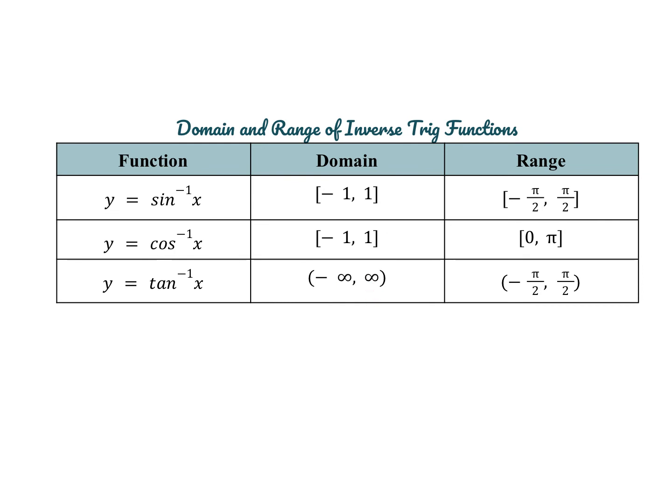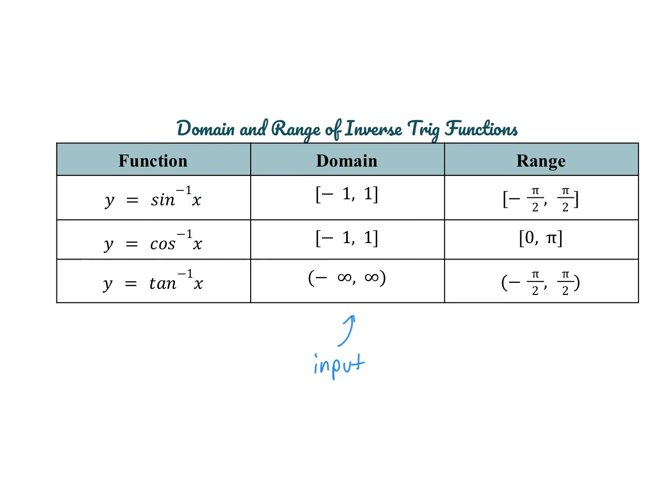So what does this mean? The domain tells you what we can actually plug into the function. That's our input. So technically, we can only plug in a number for arcsine and arccosine that's between negative 1 and positive 1. If in your calculator you try the arcsine of negative 2, your calculator would say undefined.